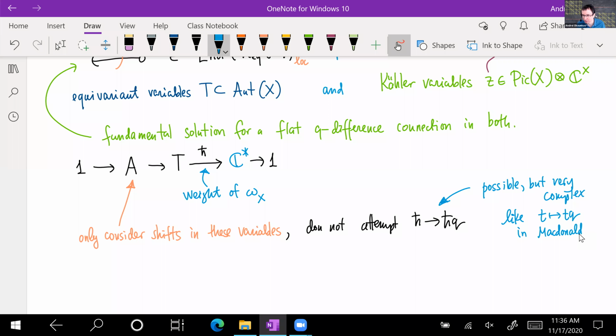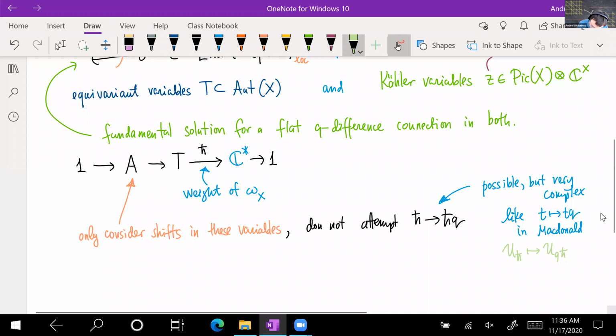If anybody wants to study that, I'm sure there's a treasure of interesting things to discover. But it's just too complicated. It's like taking u h bar and sending it to u q h bar. One can study such things, but it's too complicated for us.